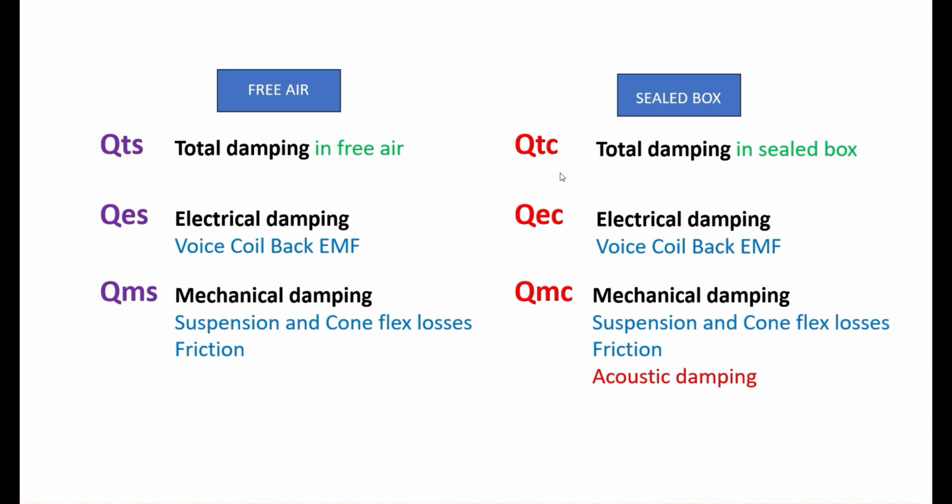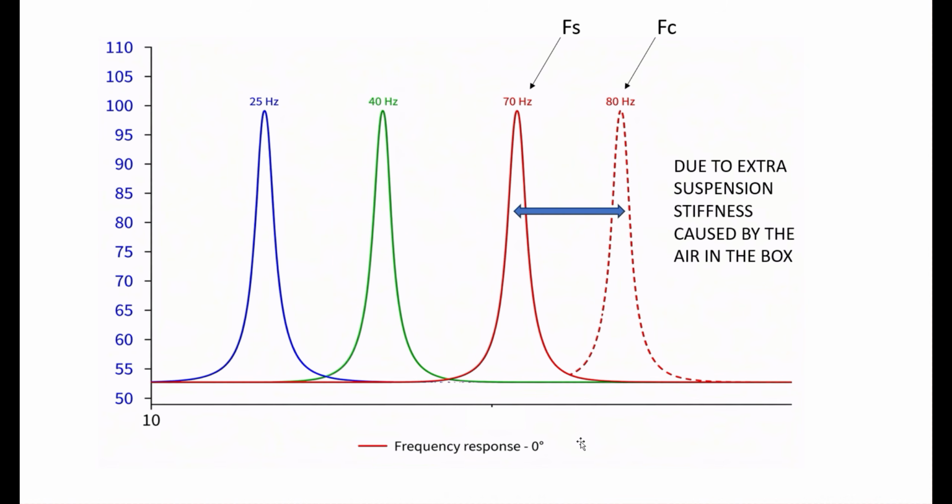QTC is similar. The electrical damping is the same, but the mechanical damping now includes this air spring, or this acoustic damping as we call it, right? And so QTC will be different to QTS. And this shows up when we're talking about the resonant frequency. Let's say we have a resonant frequency in free air of 70 Hertz.